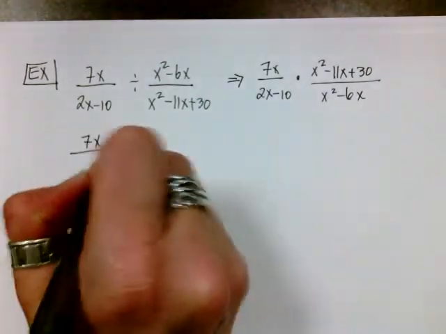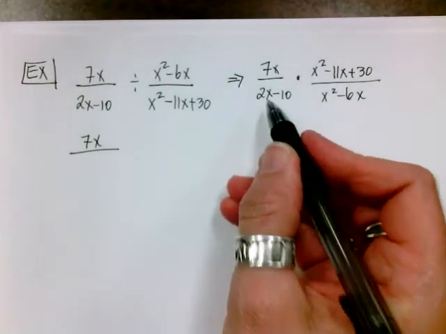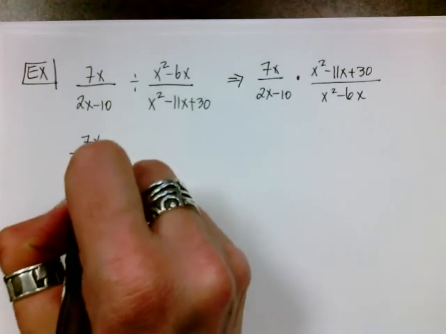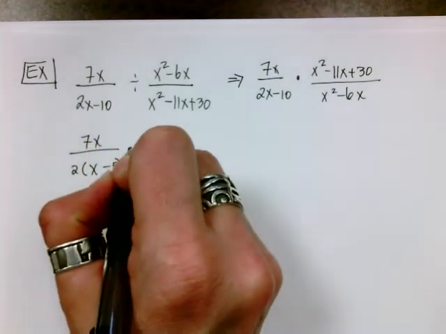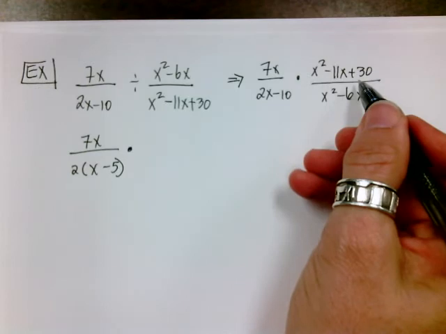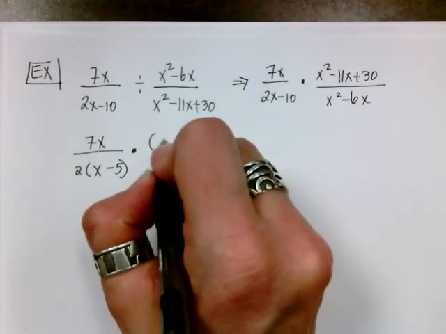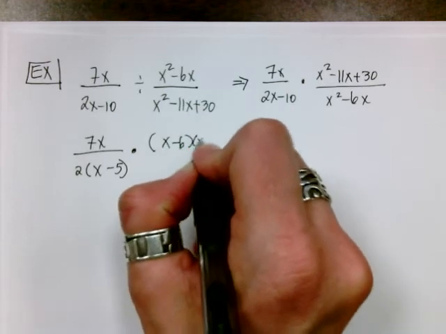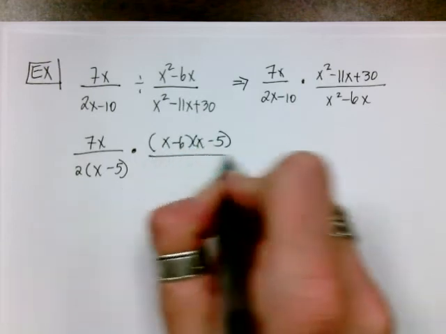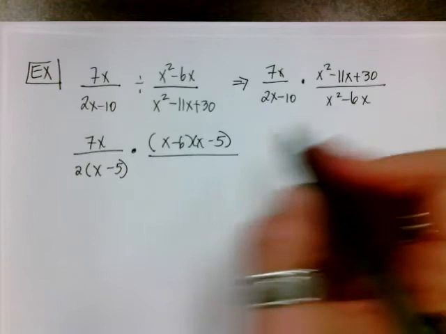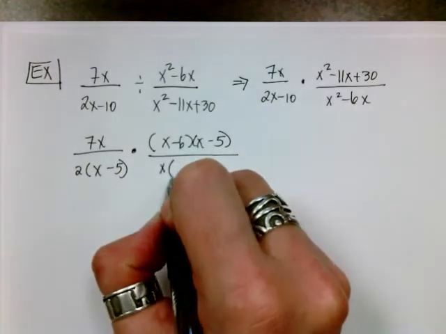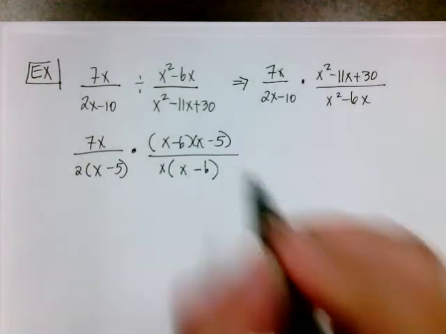So the 7x is done. In this one down here, I can factor out a 2, and I'm going to get x minus 5. There's my times. The x squared minus 11x plus 30 is going to factor to be x minus 6 and x minus 5. And in this expression right here, if I take out an x, I'm going to get x minus 6.